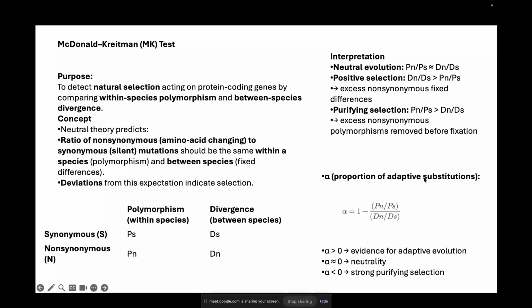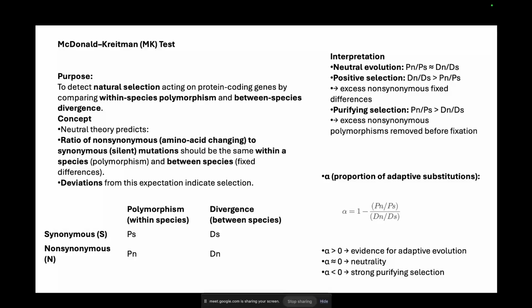Okay. Now we talk a little bit about the tests or methods that we use to quantify this divergence. One of them is the MK test, the McDonald-Kreitman test. It's similar to what we have already discussed: the ratio of non-synonymous to synonymous mutations should be fixed within a species and also between species.